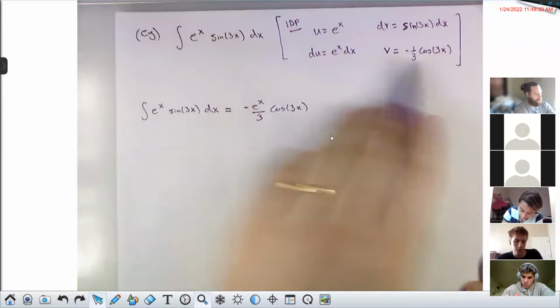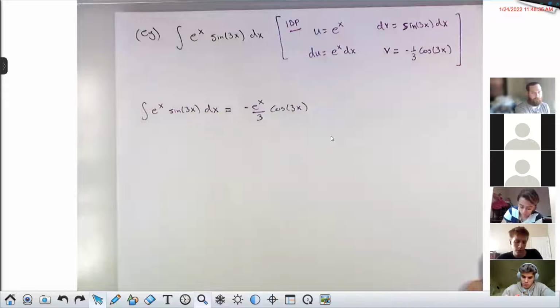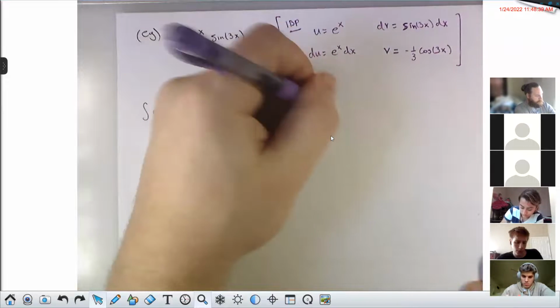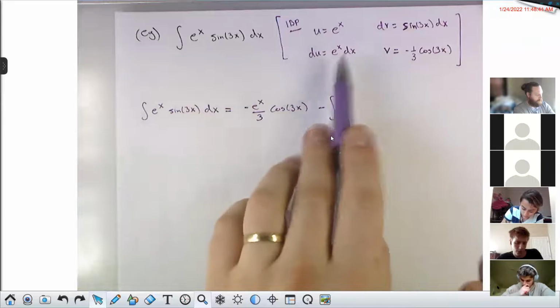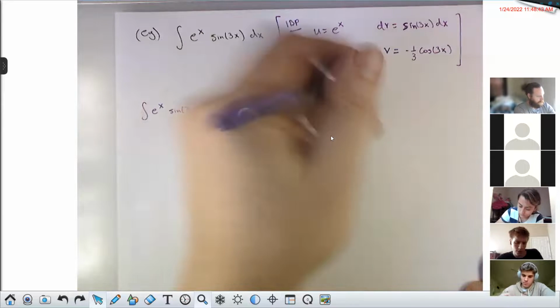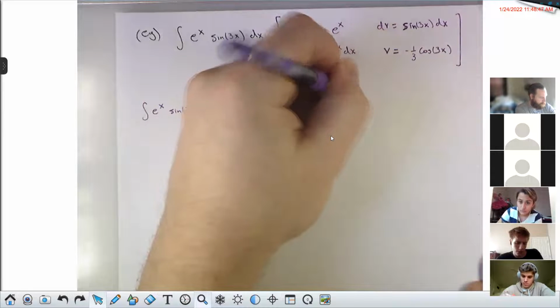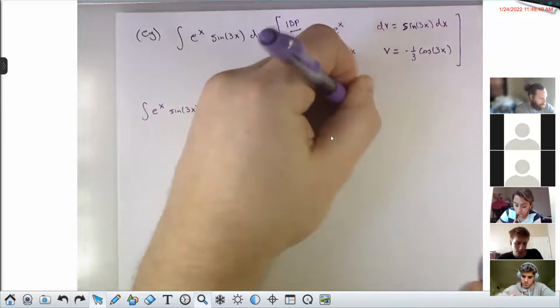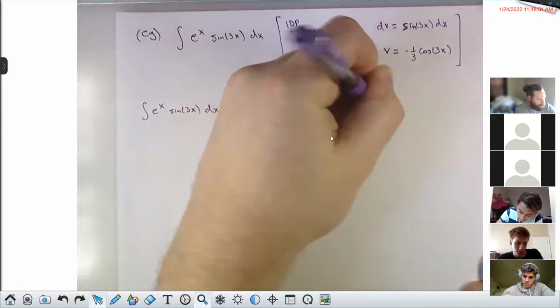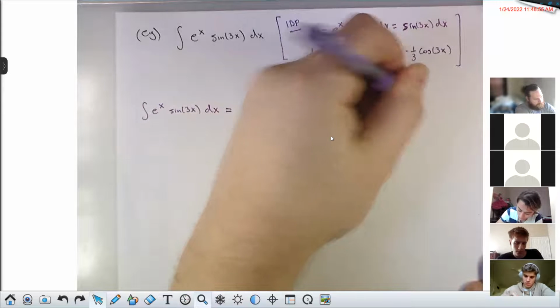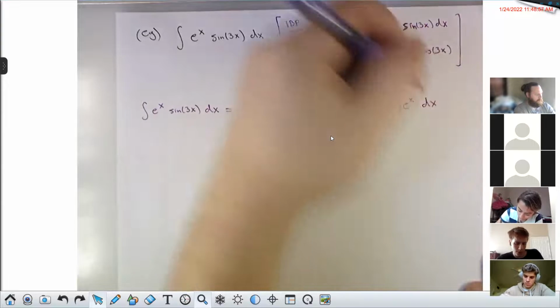So combine the negative 1/3 and the e to the x, nice like that. And then you have minus the integral of v times du. Again, negative, so I'll write this as negative 1/3 cos 3x e to the x dx.